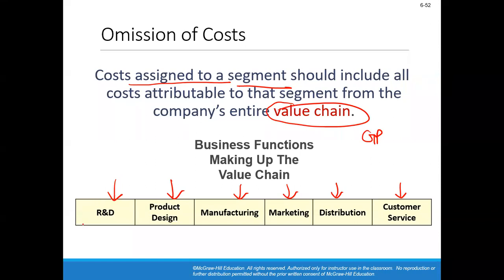All of these divisions or activities are essential to create value. So the value chain is the collection of all the activities the company does to create value. It includes R&D, product design, manufacturing, marketing, distribution, customer service, and many things which have not been listed here.